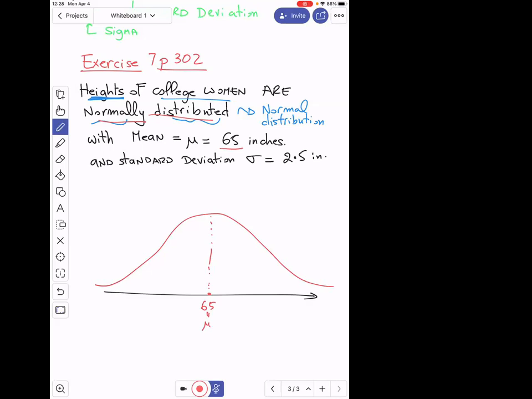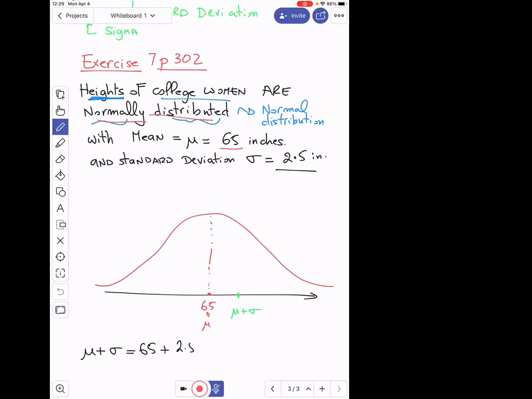And then I can say, for example, if I take the mean plus sigma, what's mean plus sigma in this problem? Well, the mean is 65 and sigma, the standard deviation, is 2.5.